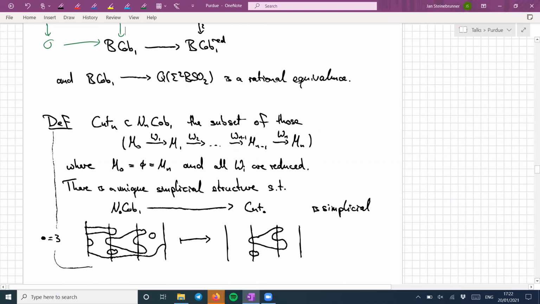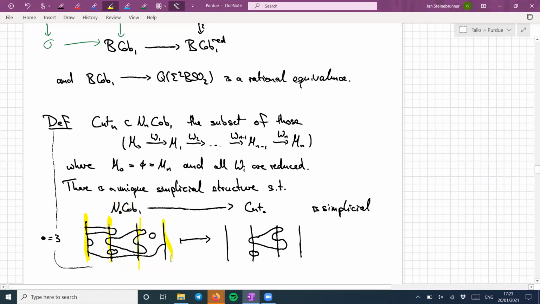And what we need to draw a lot is the nerve of the bordism category, the one-dimensional bordism category, which is just a simplicial set. And what I drew here is an element of N3 of the bordism category. So this is a 3-simplex in the nerve of the bordism category, right? So you should ignore these vertical lines.